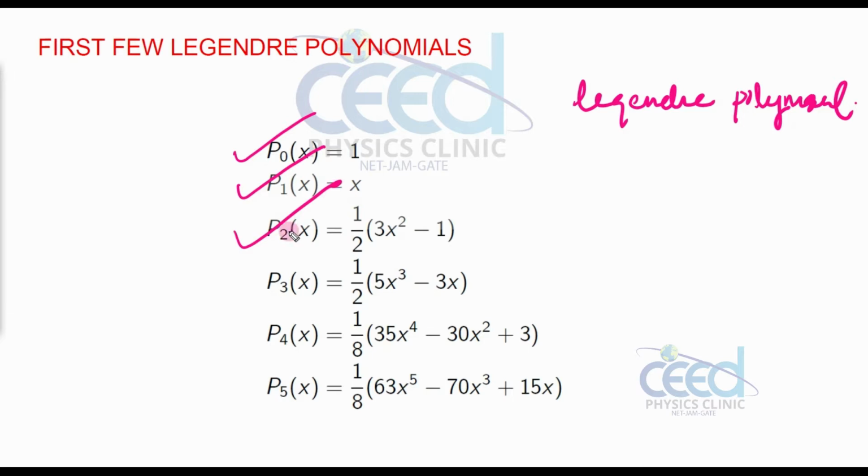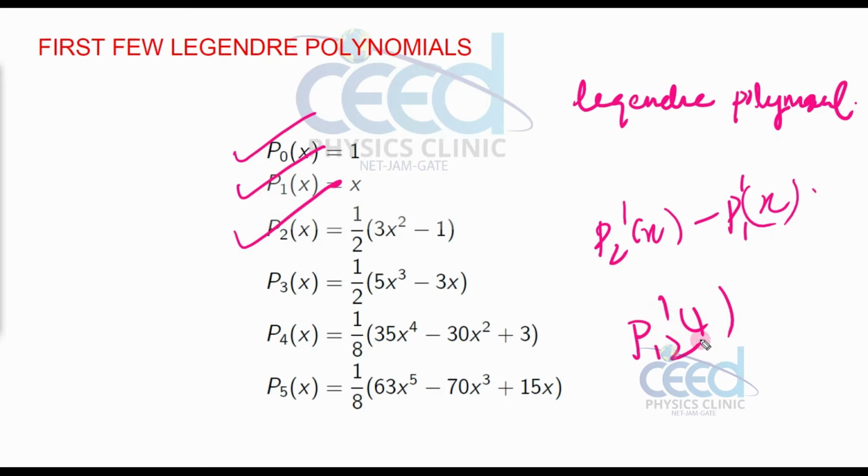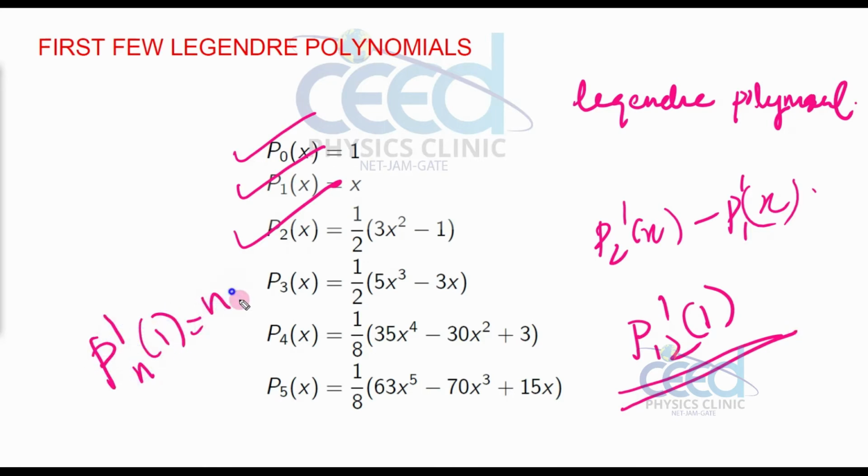These values are very important from the examination point of view. Sometimes you are asked to find P2 dash of x minus P1 dash of x, or they will ask to find P12 of 1, P dash of 12 of 1. To calculate all this, we have seen different formulas. P dash n of 1 is equal to n into n plus 1 by 2.